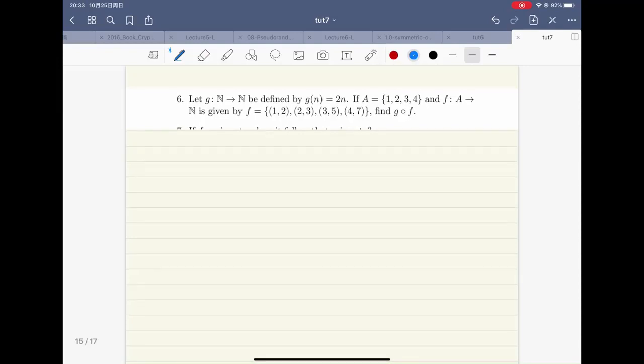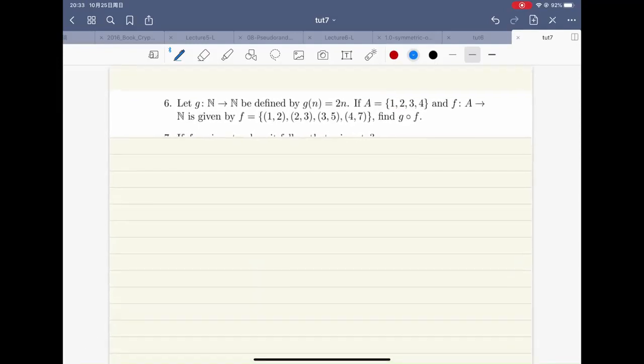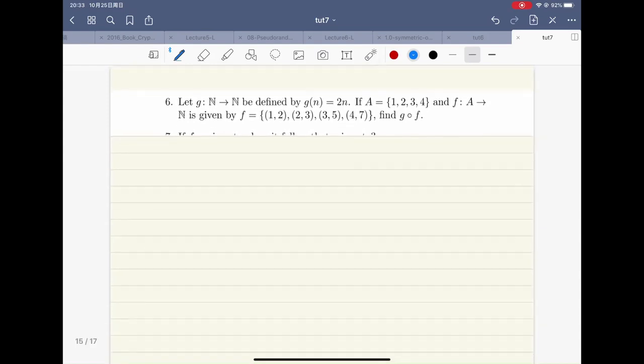Find the composition function g composite f. So we have f here, with 4 ordered pairs.